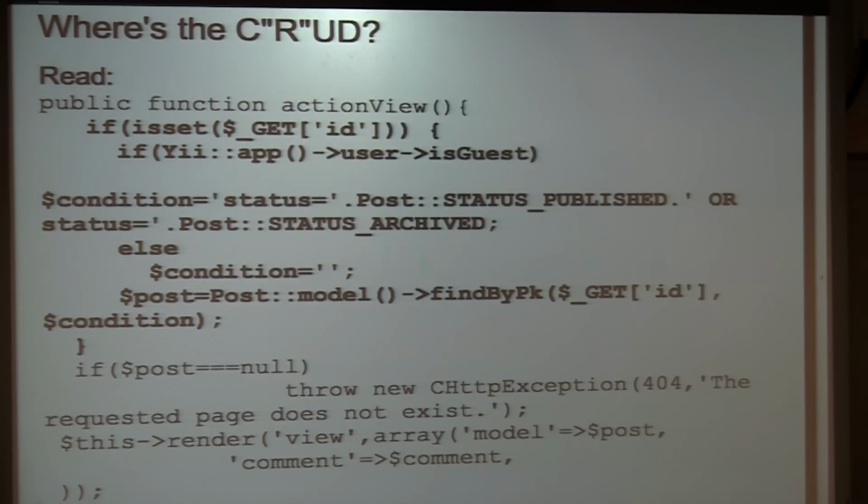Is that assuming it's question mark ID equals whatever, or is Yii stuffing the parameter in there for you? It will stuff it, yes. Your format is your choice. So it's stuffing get even if it's not a query string with the parameters for you. Yes, after your controller and action ID, if you're using that different format, if you told it I want to use this other format for my URL structure. Right, yes.